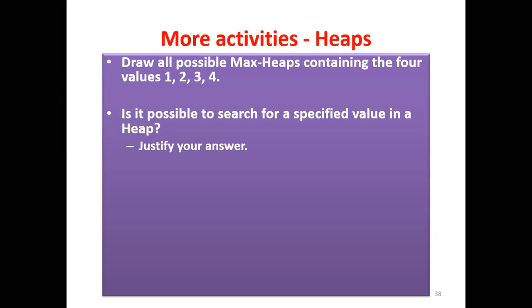So now, do you think that you can search to find a specified value or data item? With this clue that I've given to you, I'd like you to try this and respond during the tutorial section what you think about this question.